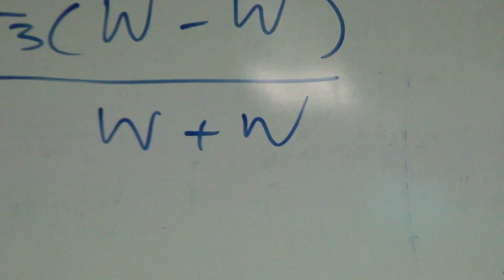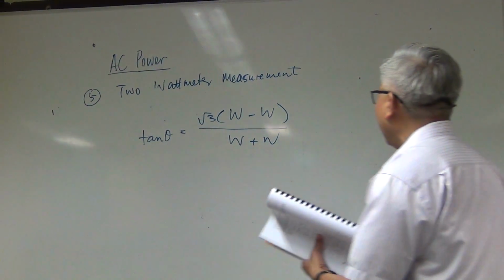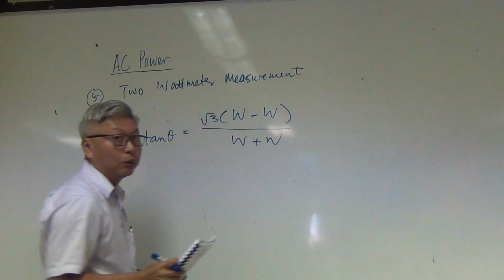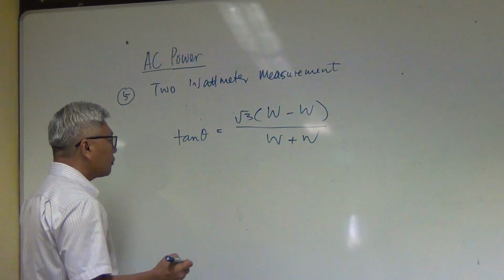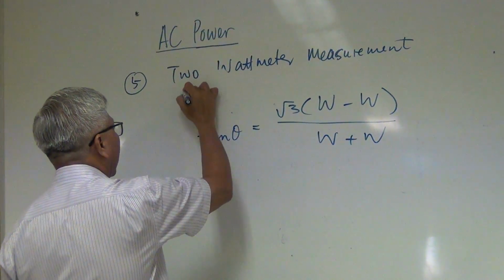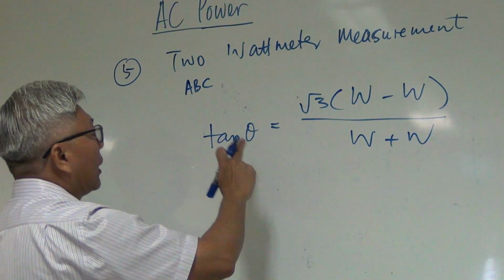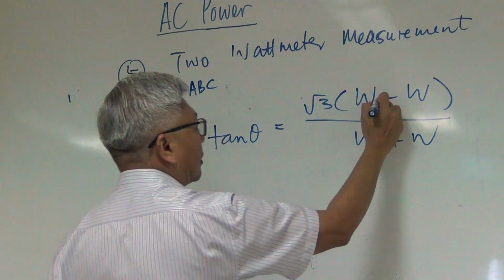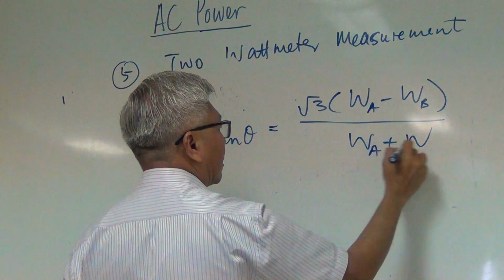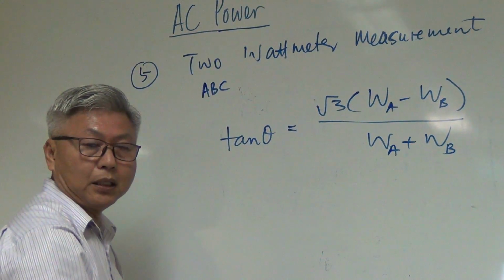But I thought maybe I just teach you one way of how to remember this formula if you are not given. Now, if this is an ABC sequence, that's A minus B. Okay?